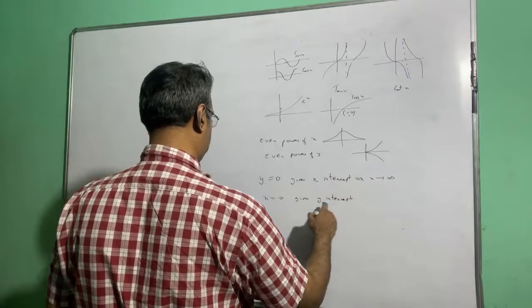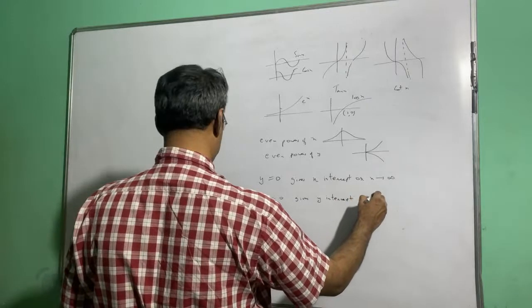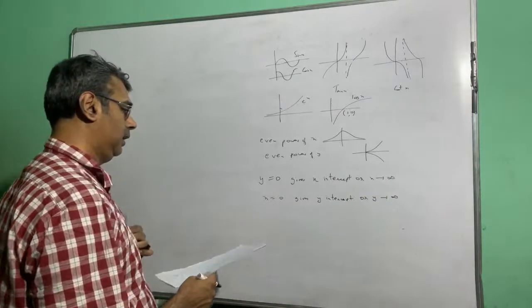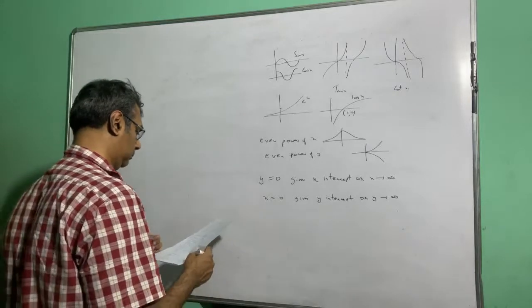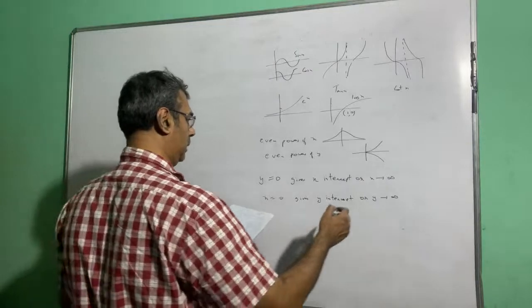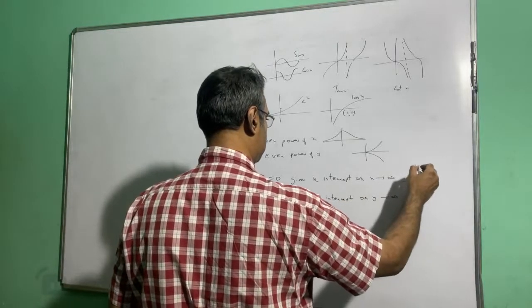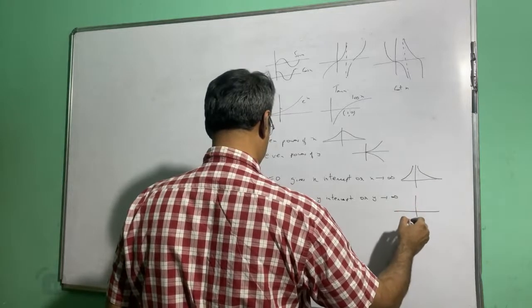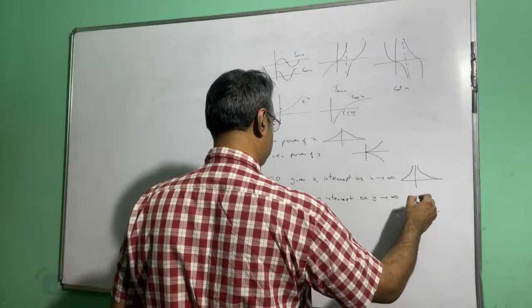X equal to 0 will give the y-intercept, or y tends to infinity. So x tends to infinity means the graph will look like this, and y tends to infinity means the graph may look like this.